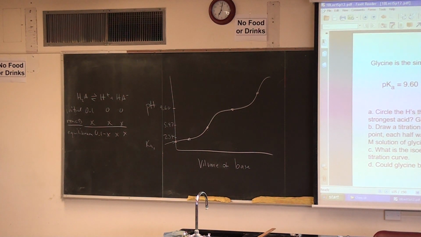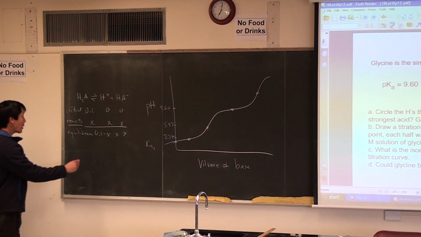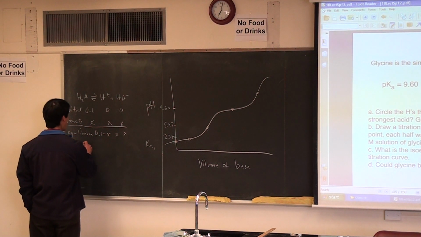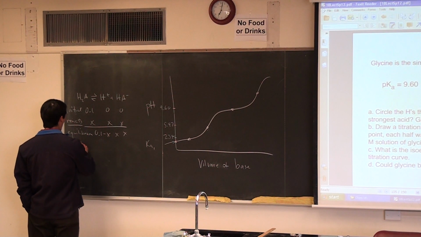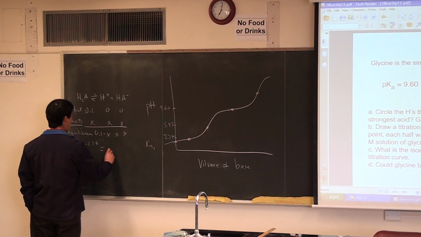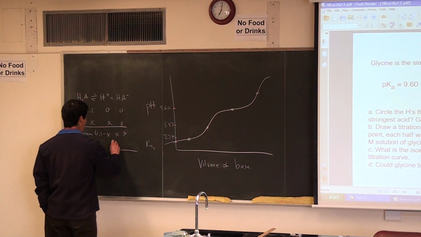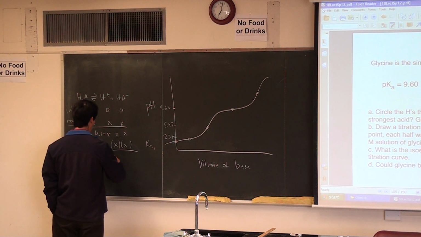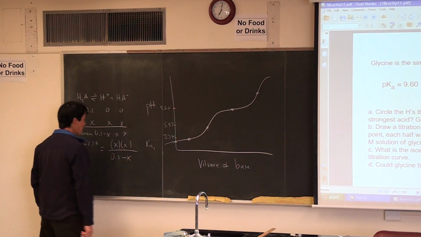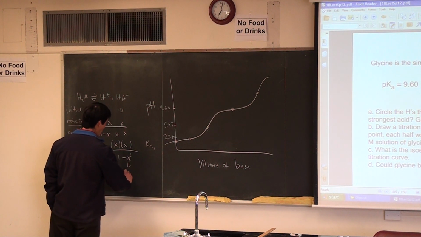So, is this getting mechanical for you, where you can just do it without thinking about it anymore? Okay, so then you solve, and you have 10 to the minus 2.34 power, which is the Ka, and that's equal to x times x divided by 0.1 minus x. And then we do our usual assumption here.